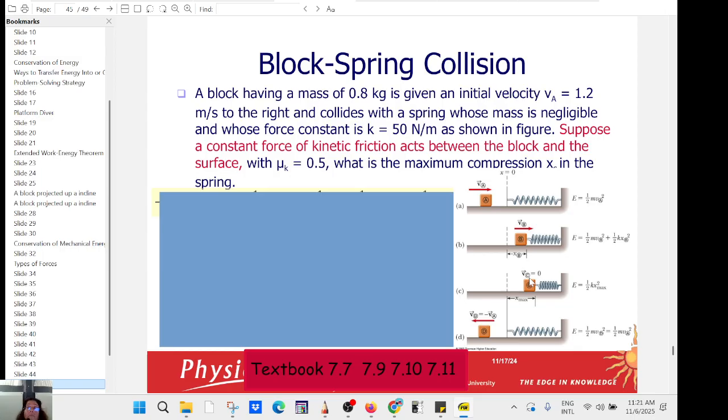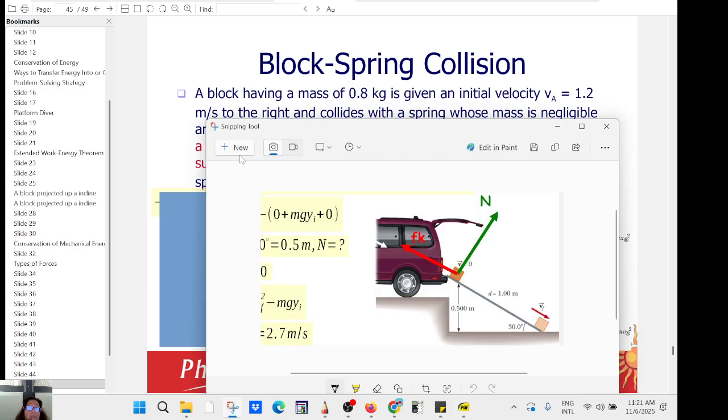Elastic potential energy, if there is no friction. Now if there is friction, then you have to find the work done by friction.